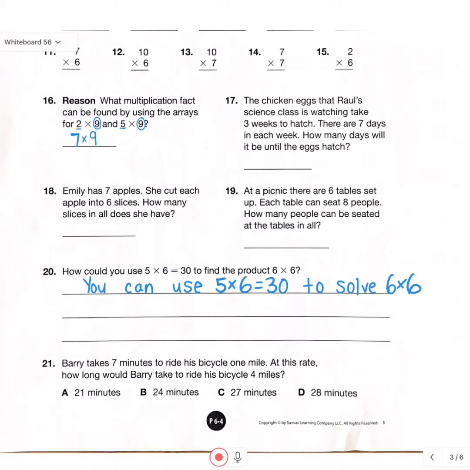So you can use 5 times 6 equals 30 to solve 6 times 6, because you are just adding one more group of 6. We know multiplication is repeated addition.